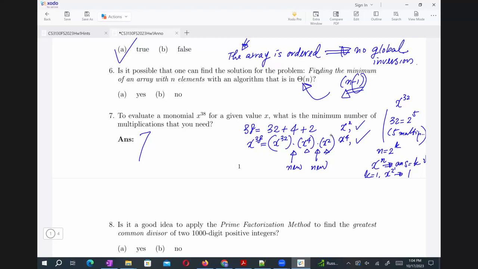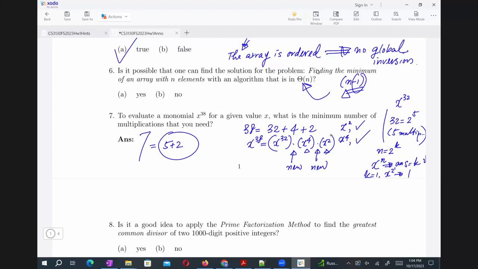That's why the answer equals 5 plus 2. In that way, try to use your resources efficiently. Avoid any redundant calculation as much as you can.